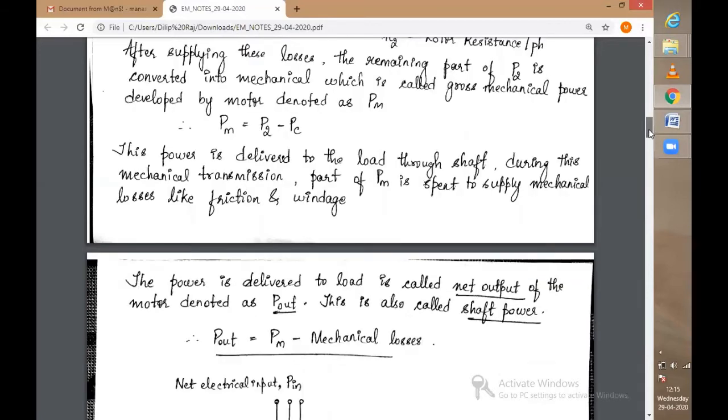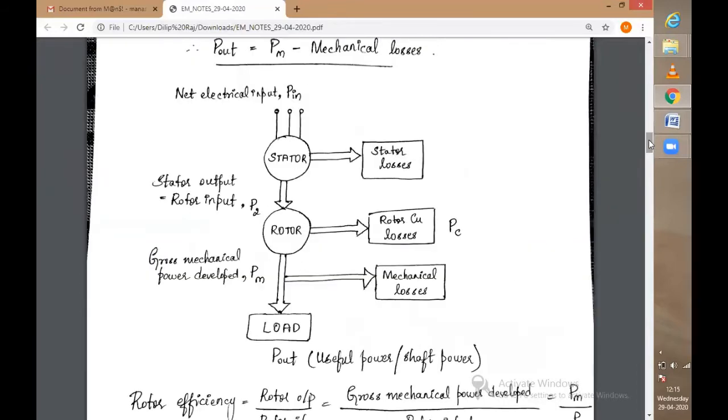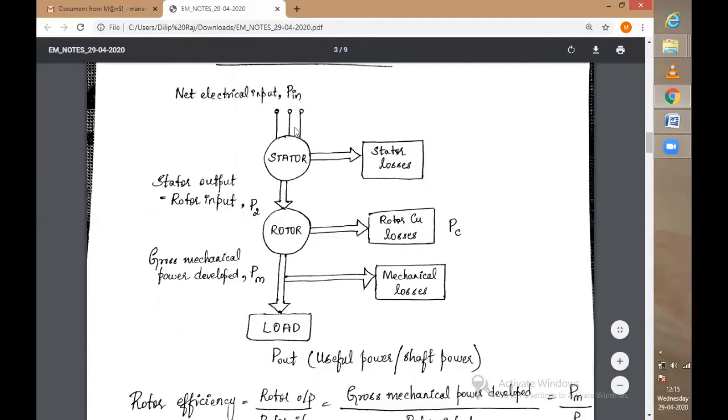Moving on to the representation, the same concept of power flow in an induction motor is symbolically represented here, where electrical input power is given to the stator, and a part of it is spent to compensate the stator losses. The remaining power is supplied to the rotor.